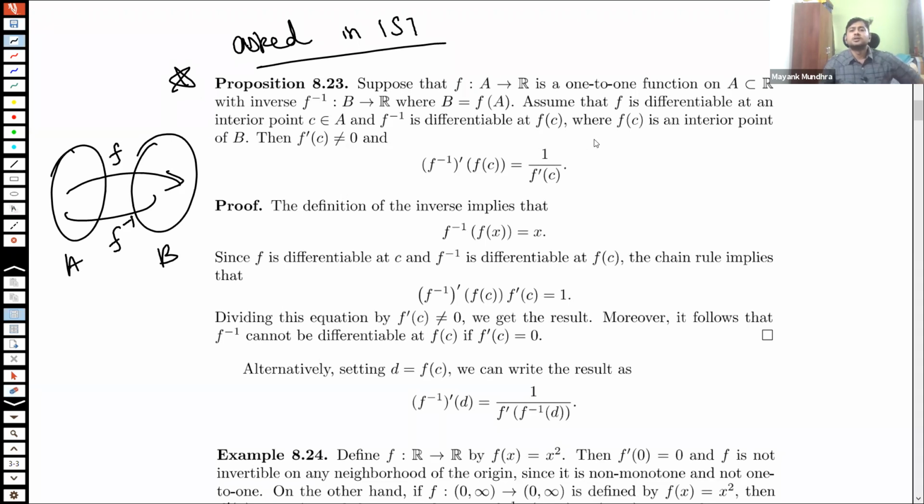Okay. So assume that f is differentiable at an interior point c on its domain a, and f inverse is differentiable at f of c. So suppose this is my point c and this is my point f of c.